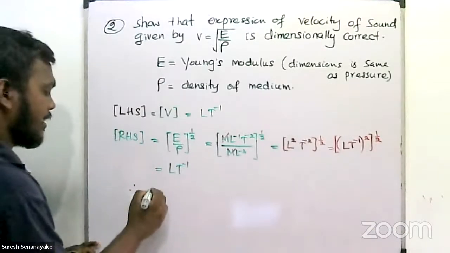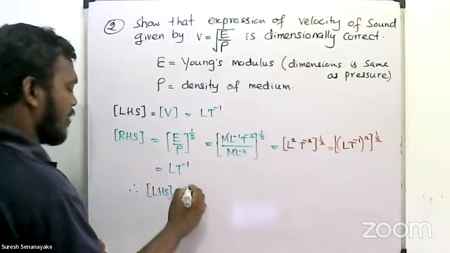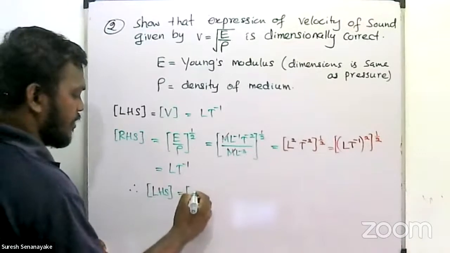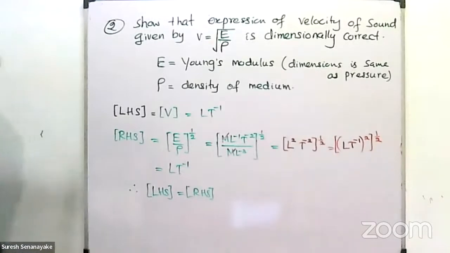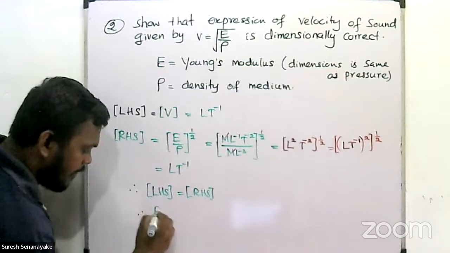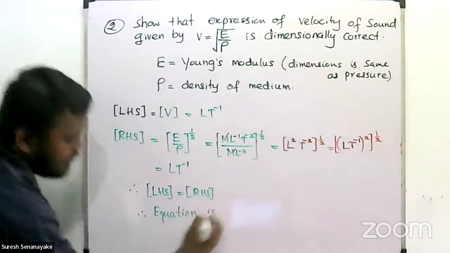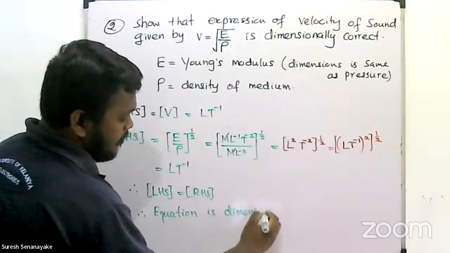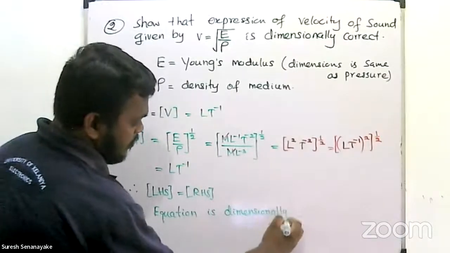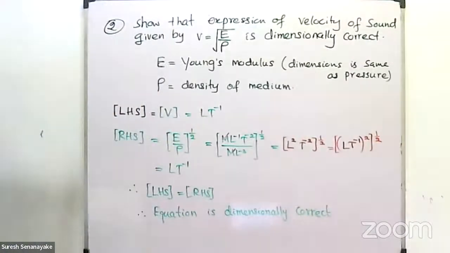Therefore the dimension of the left-hand side of the equation equals the dimension of the right-hand side. So the dimensions are equal. Therefore, the equation is dimensionally correct.